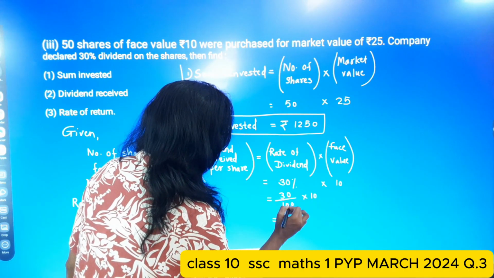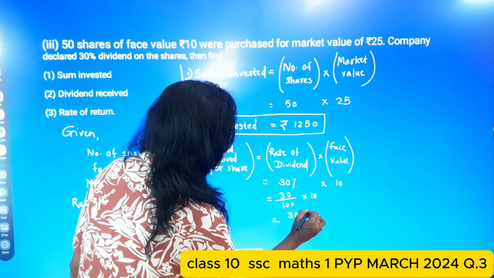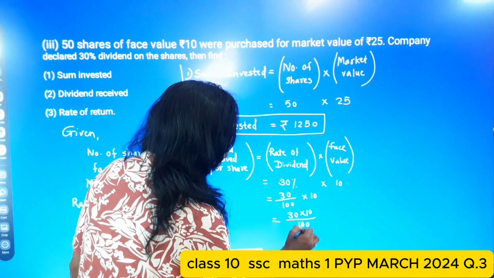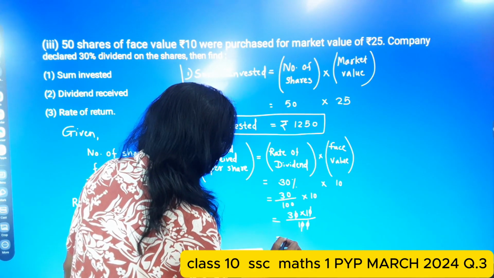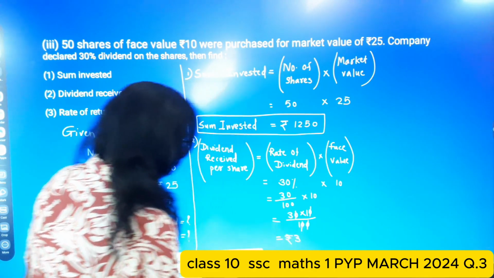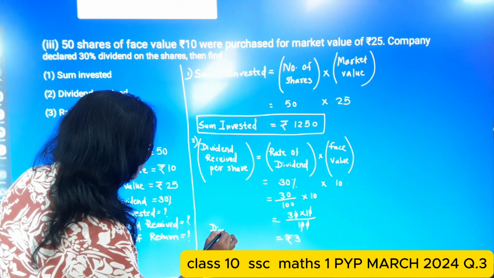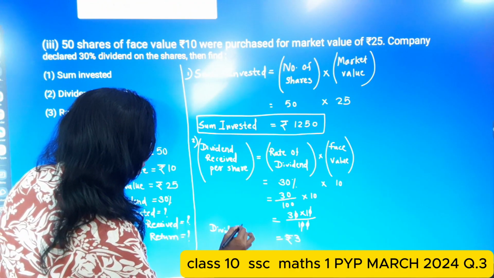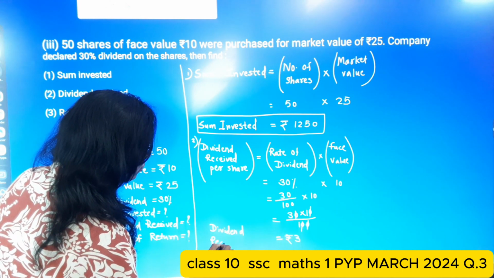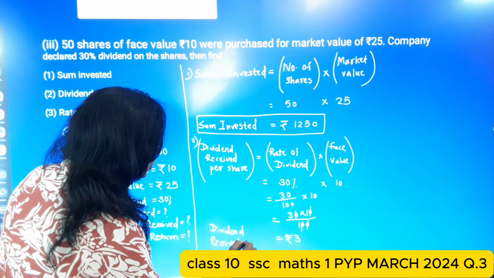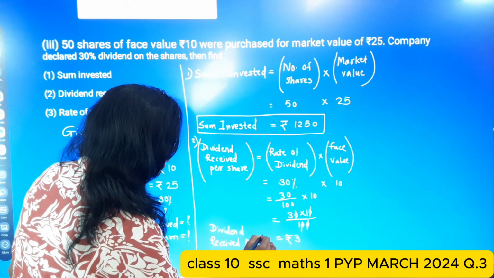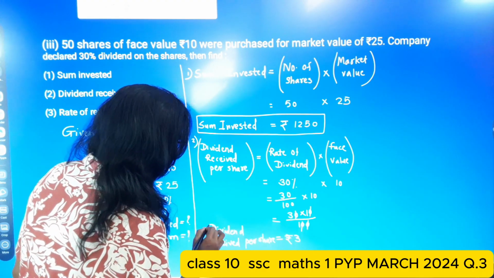So 30 multiplied by 10 divided by 100. Here the zeros get cancelled, and we get rupees 3. So this is the dividend received per share.